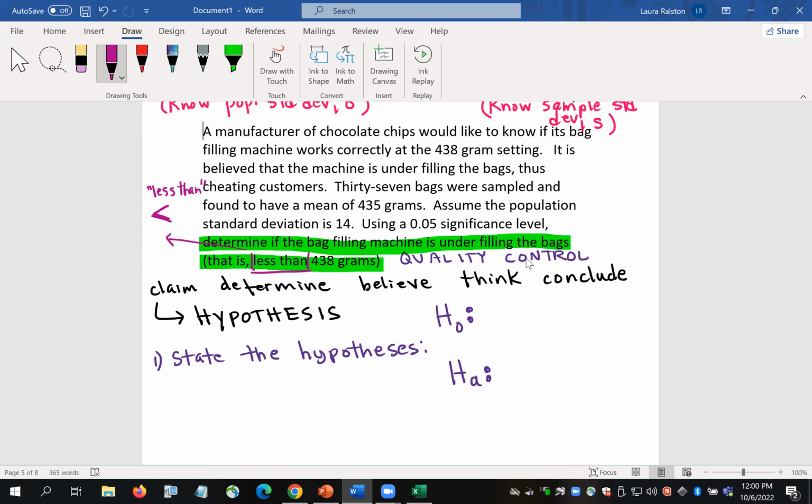Remembering that the null hypothesis has to have an equal sign in some form. So this statement that we have here is going to be our alternative because it's less than. It doesn't say equal. So it's telling me that the mean amount in the bag is going to be less than the 438 grams that is required. The bag is being underfilled.